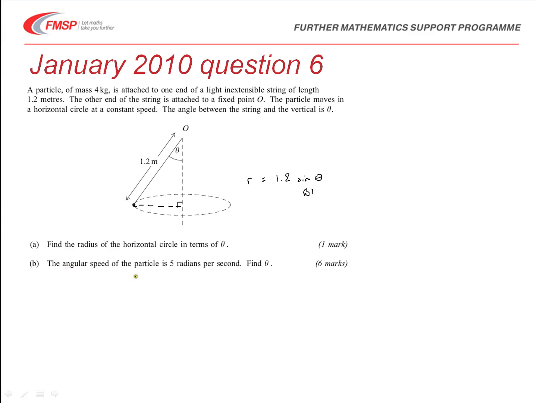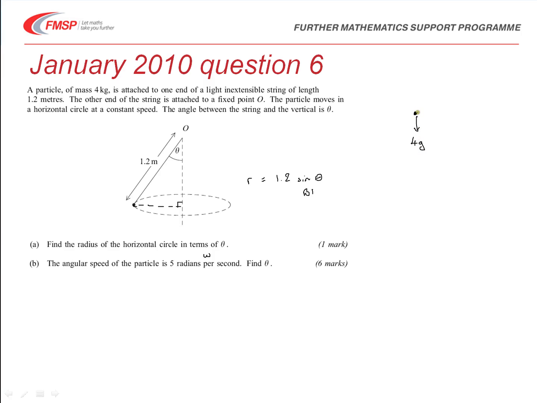Then in part B we're told that the angular speed of the particle is 5 radians per second. So remember, angular speed is what we would call omega. And so we need to consider the forces on the mass of 4 kilograms. Well, we know it has a weight, which is given as 4g.